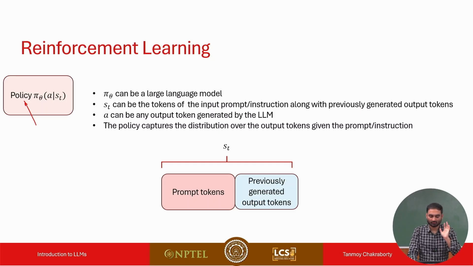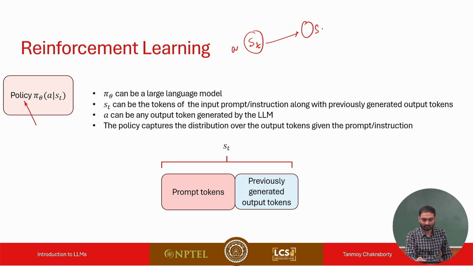Here also, for this policy model, there are different states. For example, at the tth time, s_t is the state, right? Now given this state, if you take an action, that would lead to another state, like s_t plus 1, right?